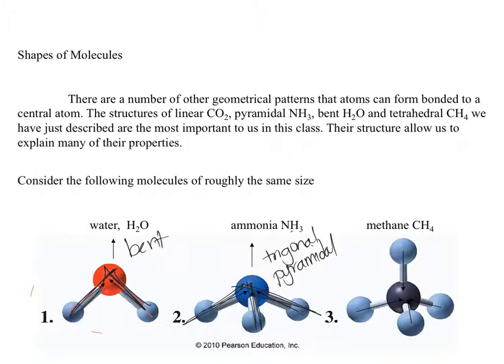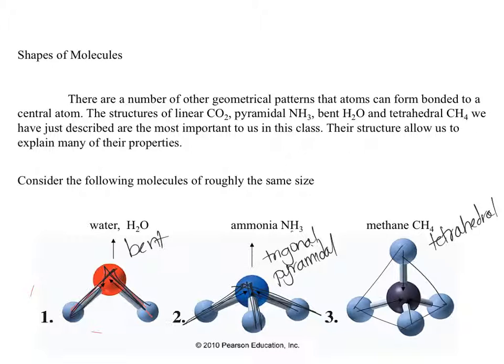And then finally, methane, again, central atom going to four things as well. So tetrahedral. But because all four are atoms, it's tetrahedral with respect to both the electron geometry and the molecular. So be careful of that.